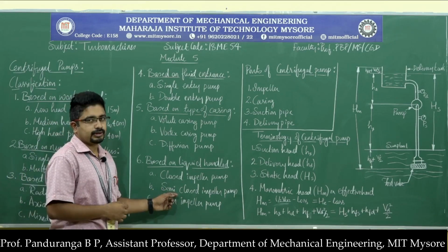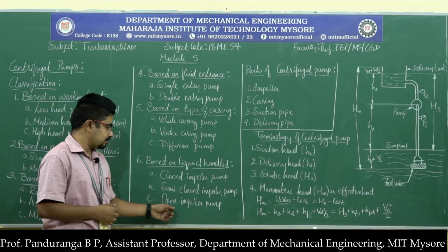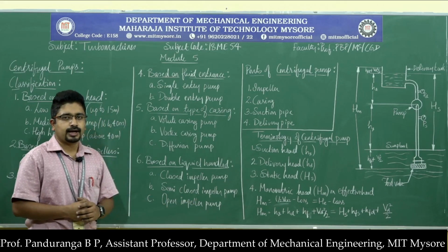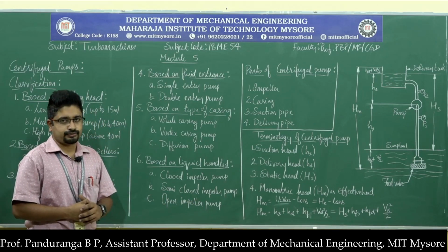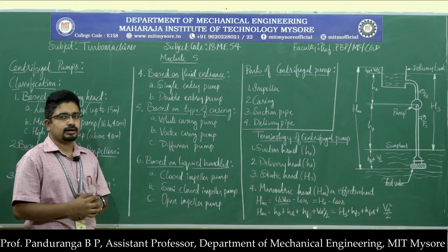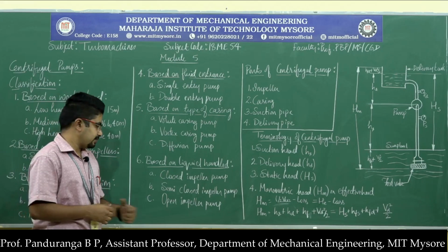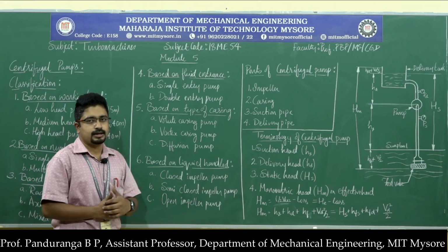For that case, we provide semi-closed impeller pumps. Then we use open impeller pumps for handling very highly viscous fluid. If the viscosity is very high, then it requires a lot of energy to move them. For that purpose, we go for open impeller pumps.